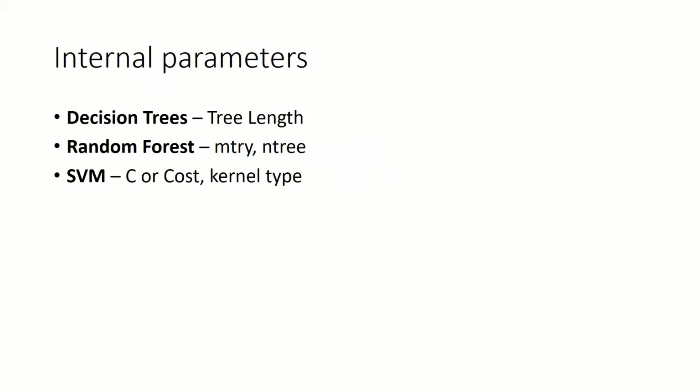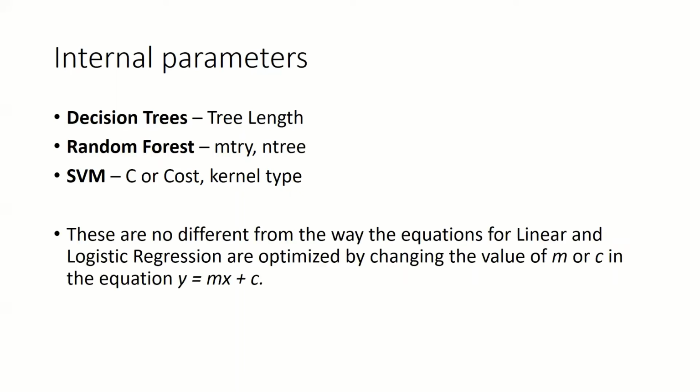SVM, there's the C parameter, or the cost parameter, as well as kernel type. And what we'd like to do is just mess about with the values across these parameters and see which gives us the best test accuracy. That's the basic idea of hyperparameter tuning. And really, this is no different from the way M and C are optimized in linear and logistic regression. They've got those built in, but what we need to do here is try different values ourselves, build them in. And there's a nice package in R, which I'll show you to help us automate this.